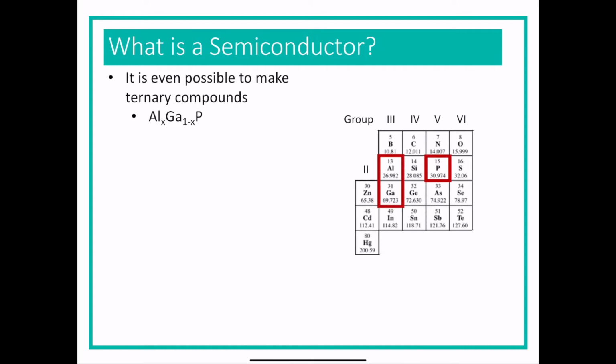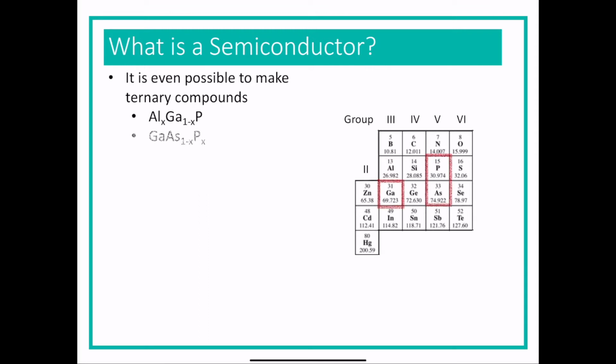So that's why it says an X under aluminum and a 1 minus X under gallium, because it's proportioned so that the total between the two is going to be 1, and then the phosphorus is a 1 also. So you might have proportions such as 0.6 aluminum and 0.4 gallium, and then 1 phosphorus, and extend it on out, and you can make that.